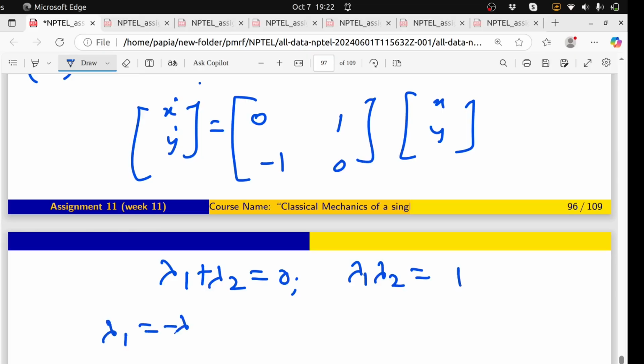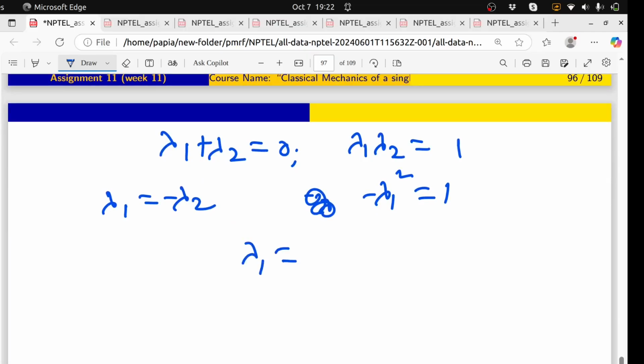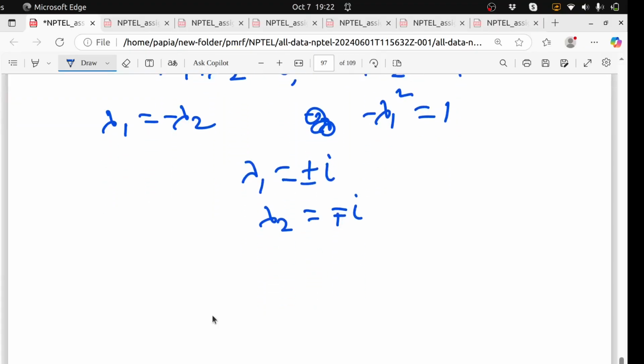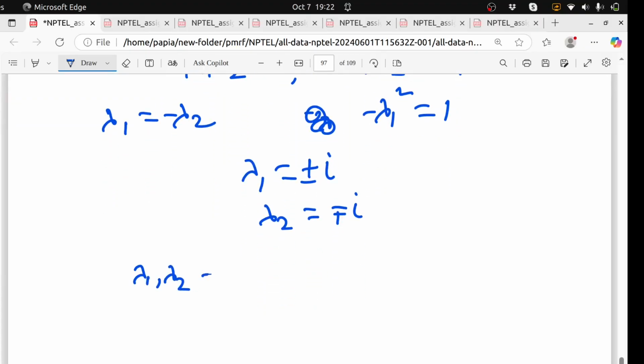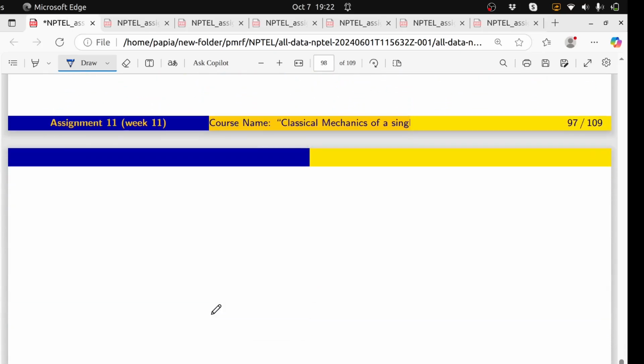So lambda 1 is minus lambda 2, and lambda 1 square equals minus 1. So lambda 1 is plus minus i, lambda 2 is minus plus i. But the problem is lambda 1 and lambda 2 are both complex. No, not a saddle point, because lambda 1 and lambda 2 should be real.